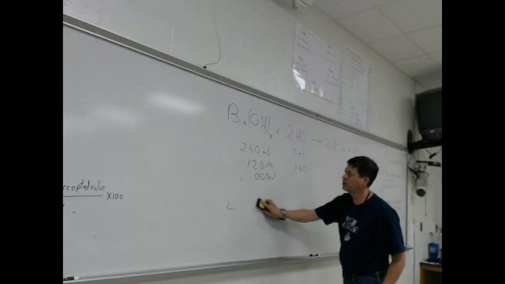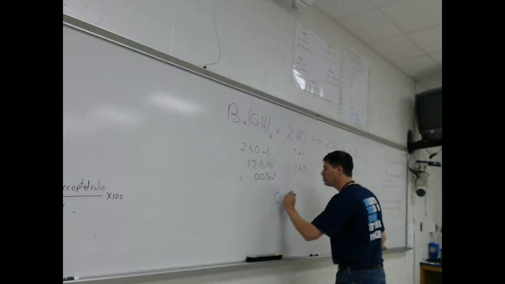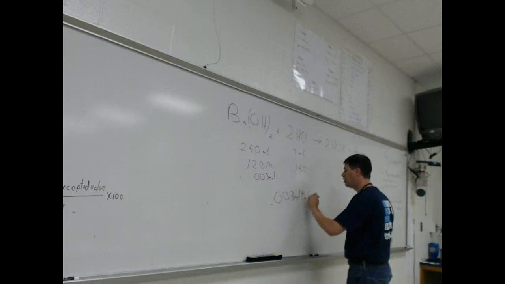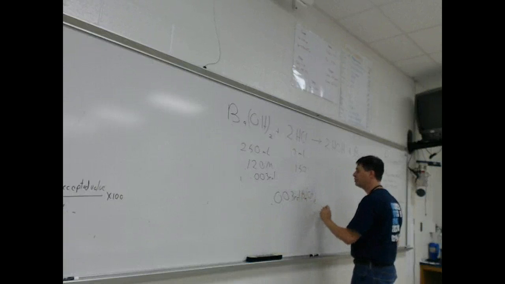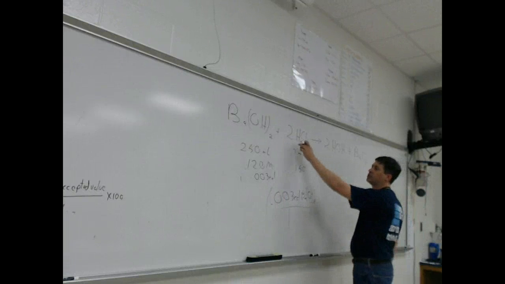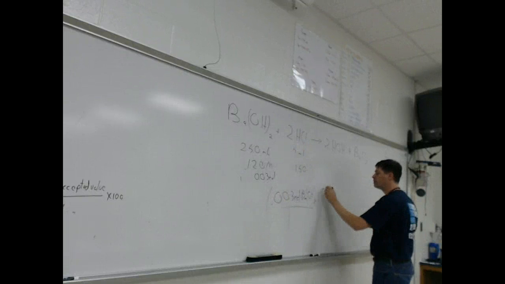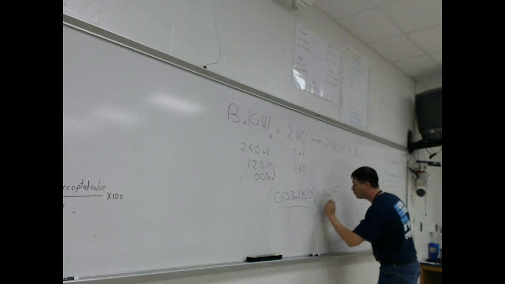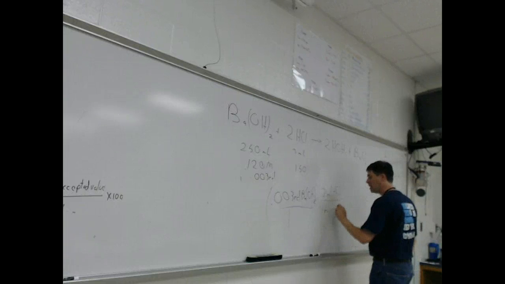So we've got 0.003 moles of Ba(OH)2, and the ratio is 2 to 1. So we need 2 moles of HCl for every 1 mole of the base.